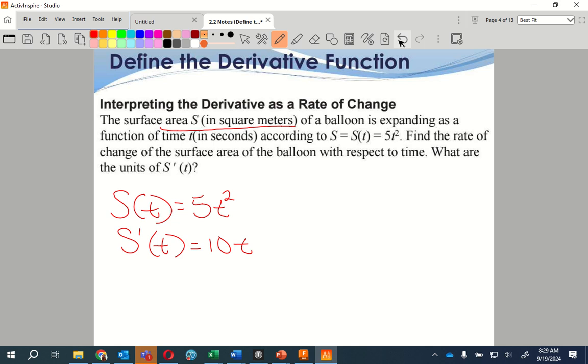Okay. So that tells me that miles per hour is distance over time. That's how I always trick myself into doing this. Rate of change, miles per hour. Distance over time. My distance, in this case right here, it's going to be meters squared per second.